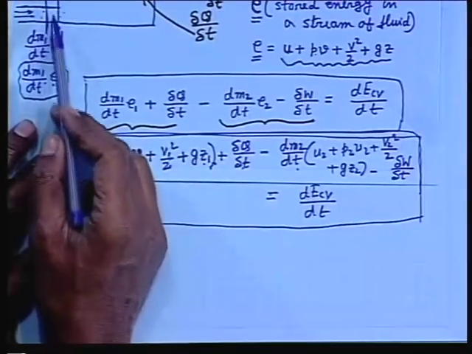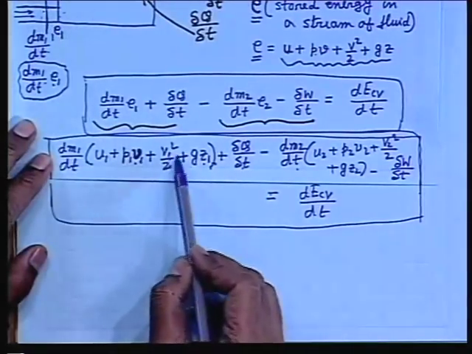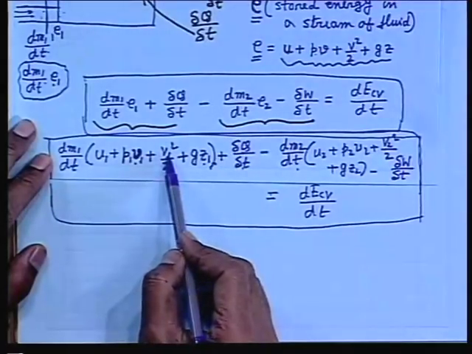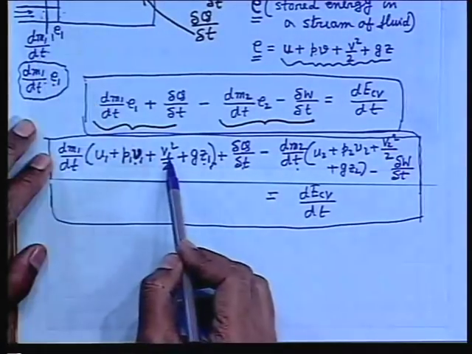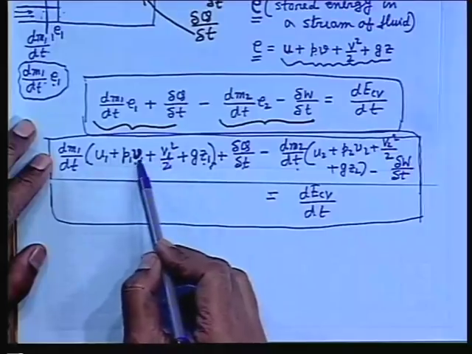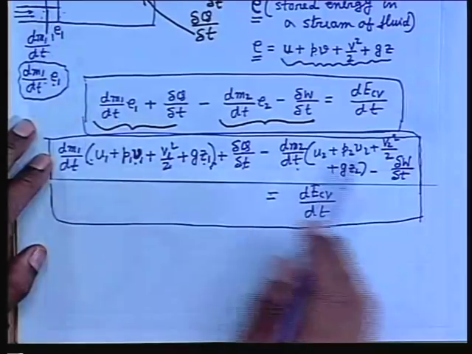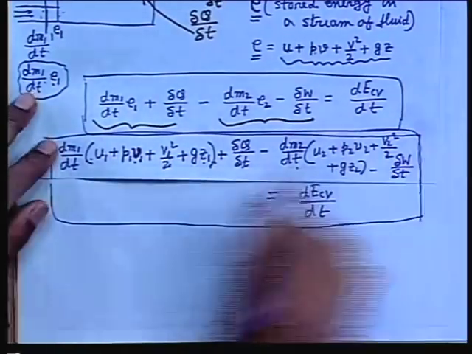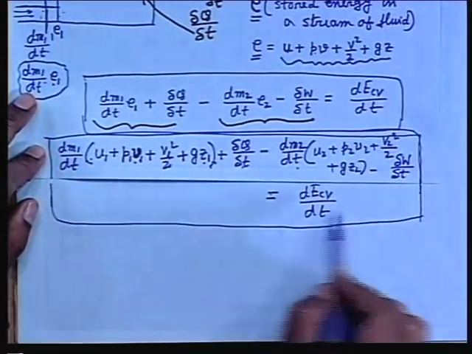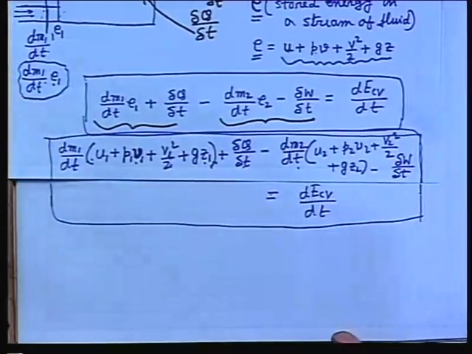Don't ask me about a variation of velocity V. There has to be an average velocity, obviously, but here you always assume that all properties, not only velocity V, but specific volume, internal energy, all these things are uniform across a cross section and invariant with time. Then it becomes as simple as this. This is only the accountability of energy for the control volume.